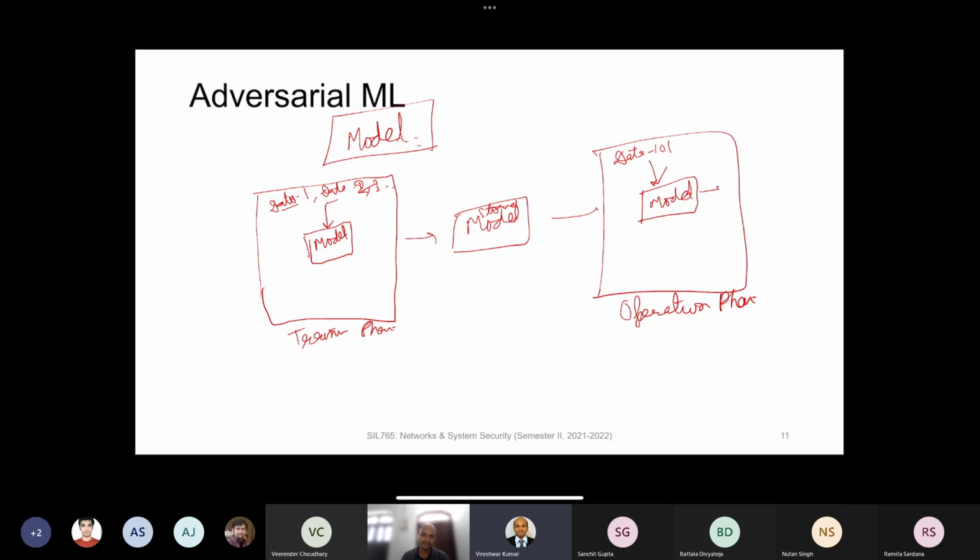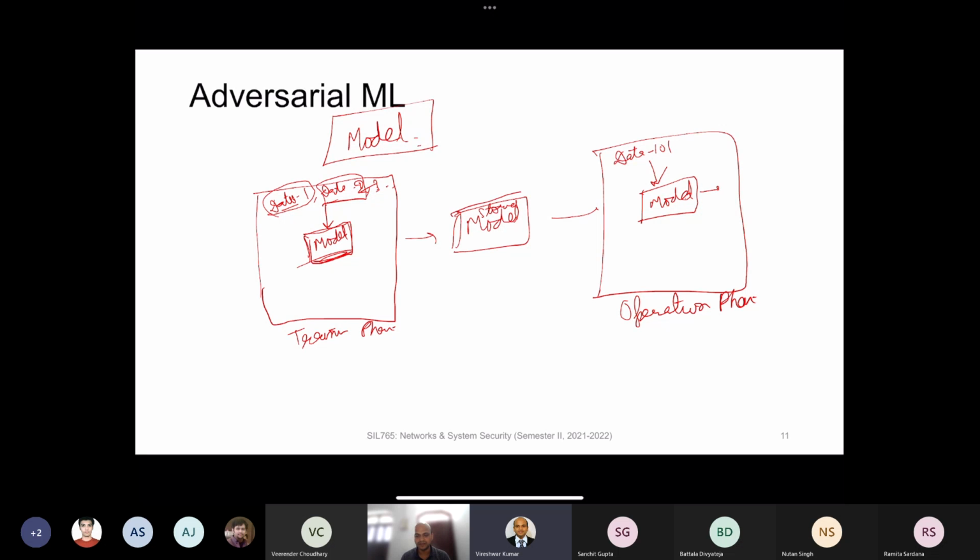So for instance, if we are talking about an intrusion detection system, this intrusion detection system will be trained with what is a benign behavior, what is an anomalous behavior, and it will be given a variety of data points corresponding to benign behavior. It will be given a variety of data points corresponding to anomalous behavior, and now this model is trained.